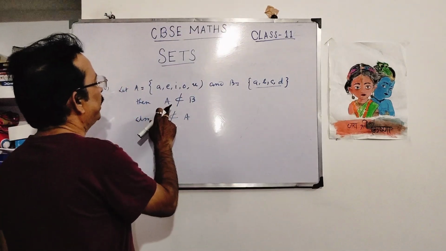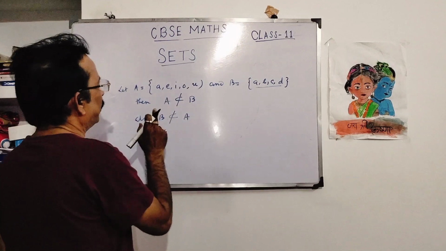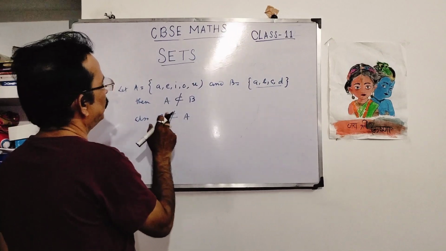So A is not a subset of B and B is not a subset of A.